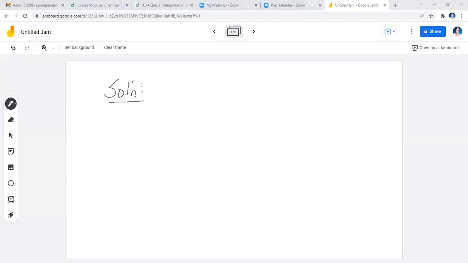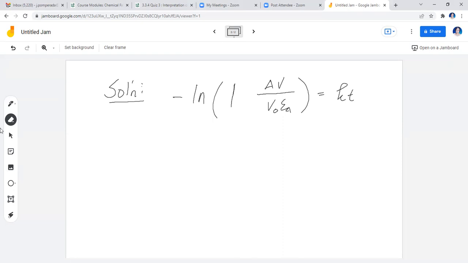That particular formula is, I'm going to copy it in here: negative ln of 1 minus delta V over V sub O epsilon A, and your right side here is kT. Okay, that's our formula. That way we are guided on what we are to look for. So this is your formula for a first order varying volume problem.